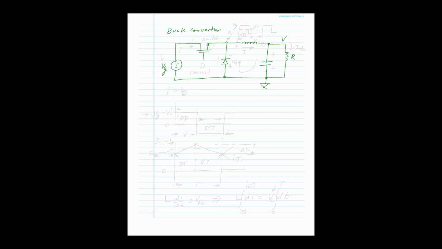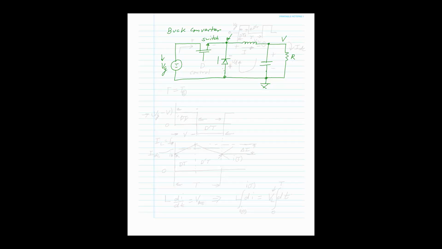Now, if we look at this, the switch is either going to be on or off. Therefore, this node here is going to be either V sub G or it's going to be 0, treating the ideal diode as 0 voltage.